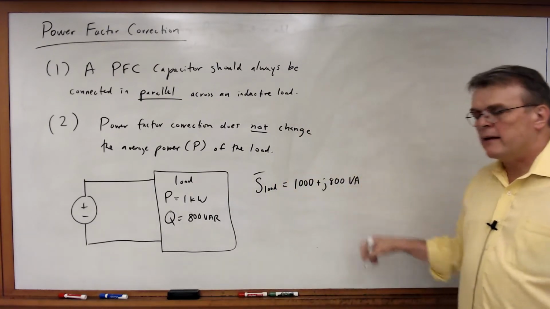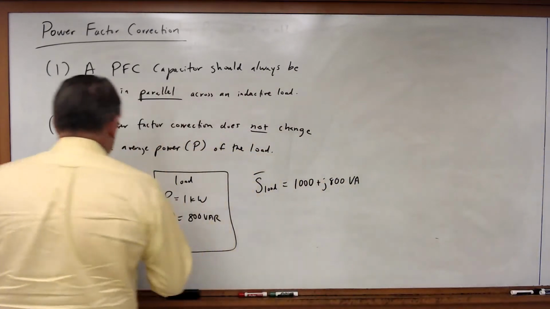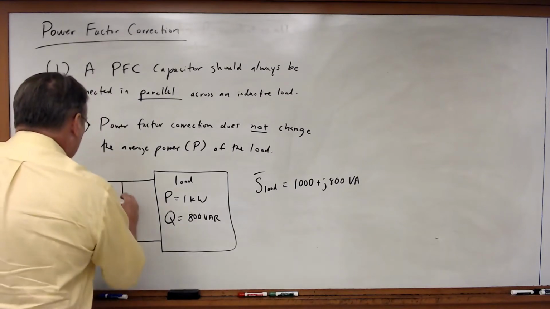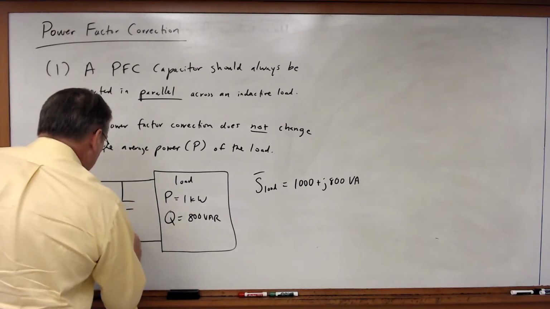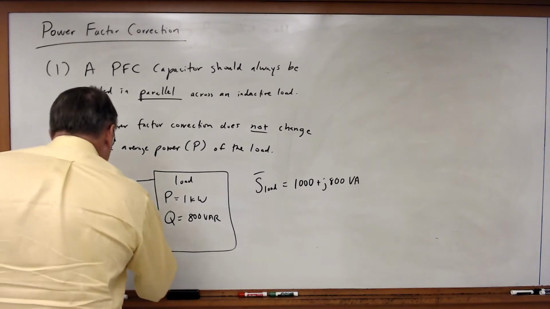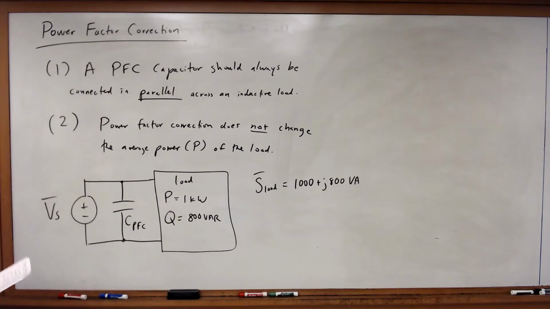So I can just write that complex power directly. I'm going to add this AC voltage source, which will be connected directly to the load, and across this I will have my CPFC, my power factor correction capacitor.